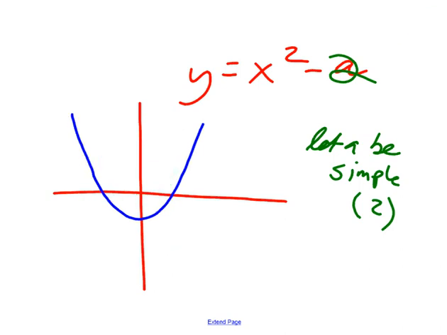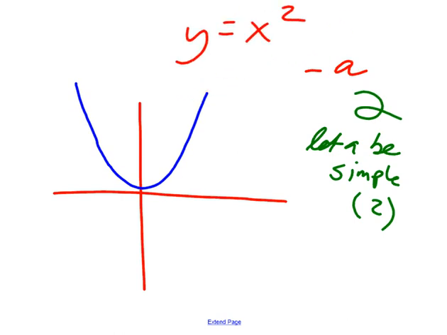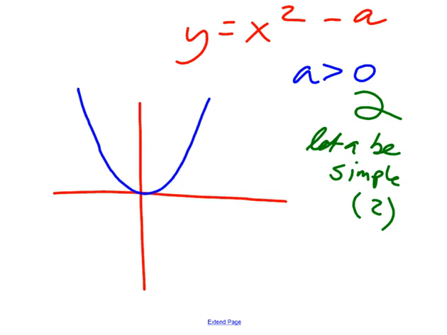Would you please make this one be a family of functions if y equals x squared minus a and a has to be greater than 0. Would you draw the family of functions in the right spot, please? That is not one of the right answers, because a has to be bigger than 0. In this case, a would be 0. Draw the little family of functions that goes with this.